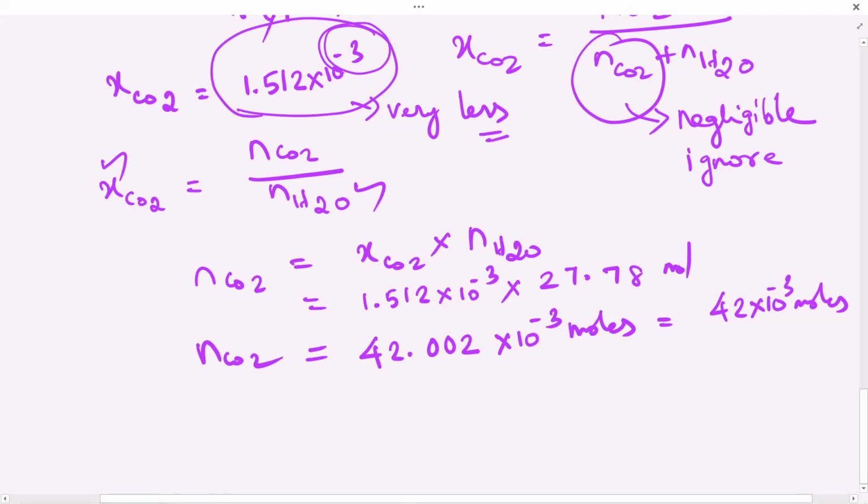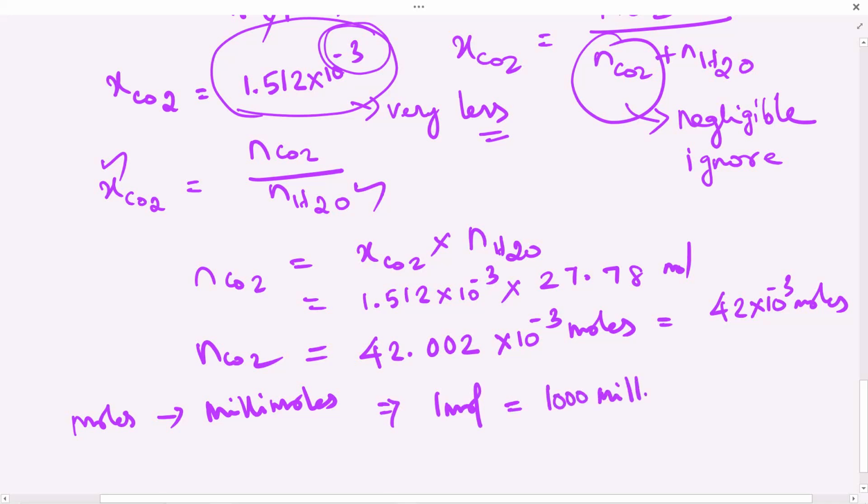Let us convert the moles into millimoles. Moles into millimoles. That is, 1 mole is equal to 1000 millimole.